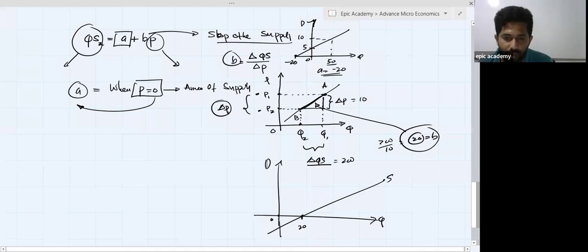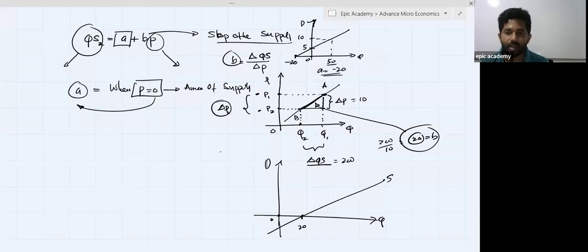So now you can identify that if the price is just 0, actually there is no supply amount. When the price changes from 0, the selling quantity starts from 20.